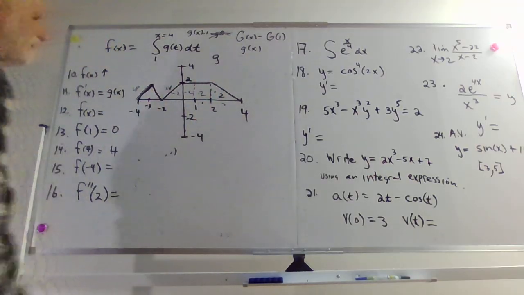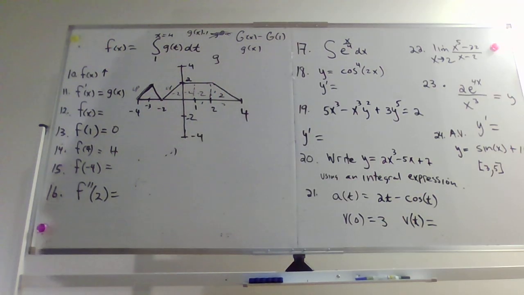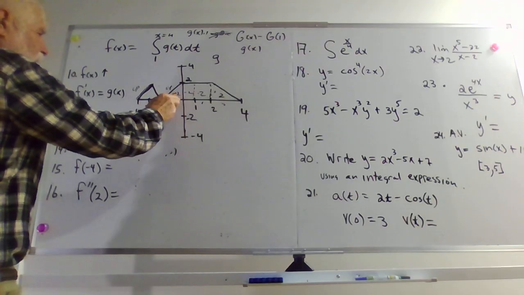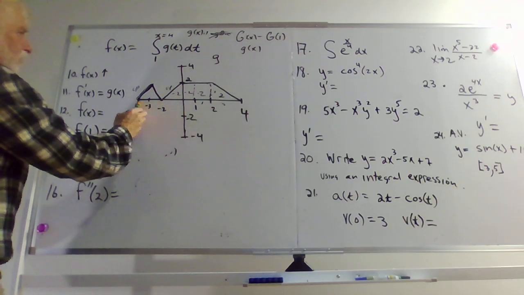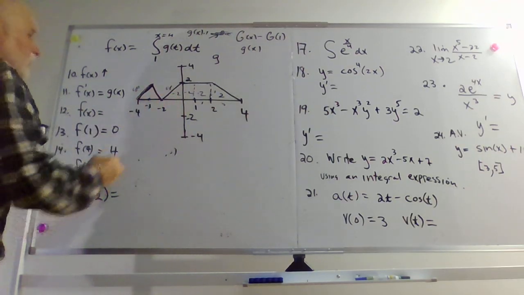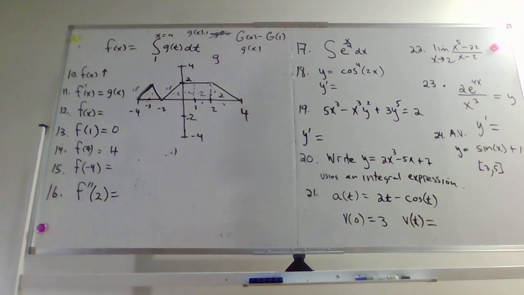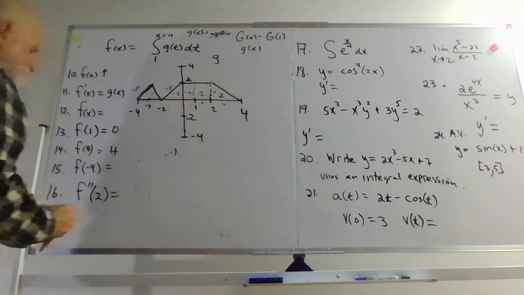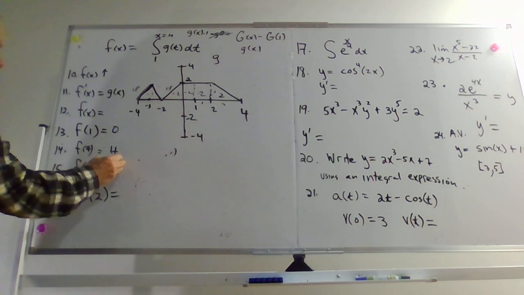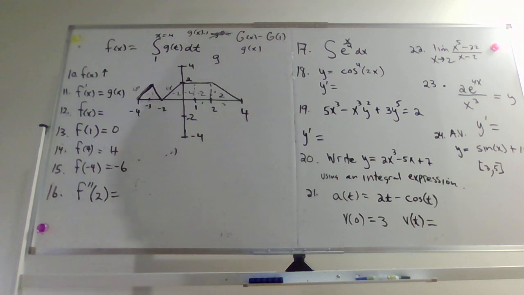I didn't spot that initially, talking to you. So right now I'm at -4, and this is 2 units, 2 units, so this is also down 2. So it looks like -6. So f of -4 is -6, unless I made a mistake.